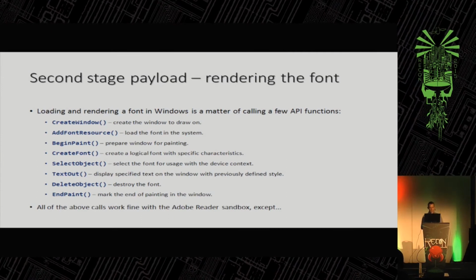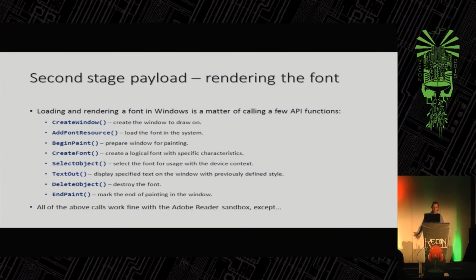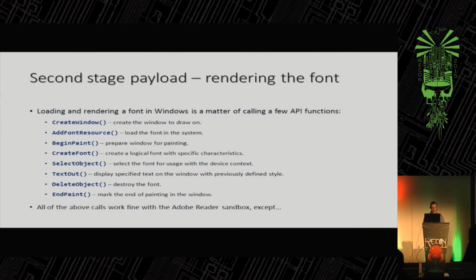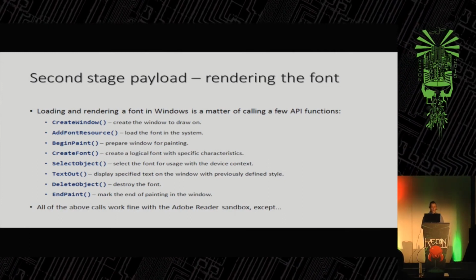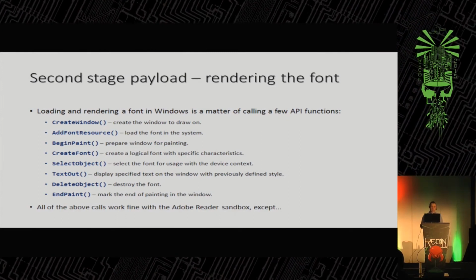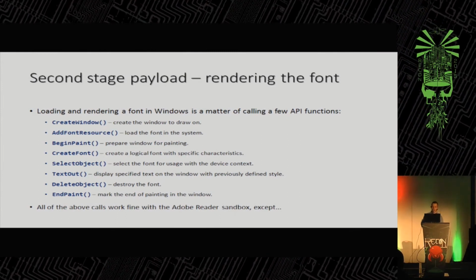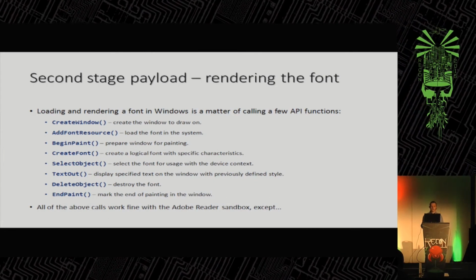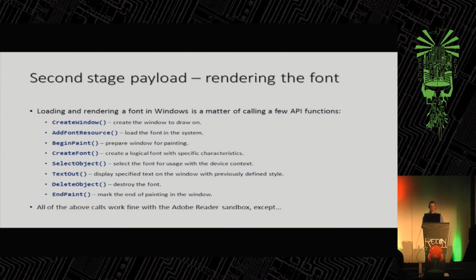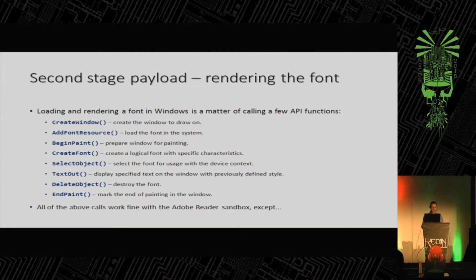So about rendering the font, because in order to attack ATMFD to trigger the vulnerability, you actually have to render the font, or at least try to get it rendered. This requires several API calls to achieve, such as creating the window, then loading the exploit font into the system, creating a handle to the font, selecting it, and then finally drawing some text using that font.